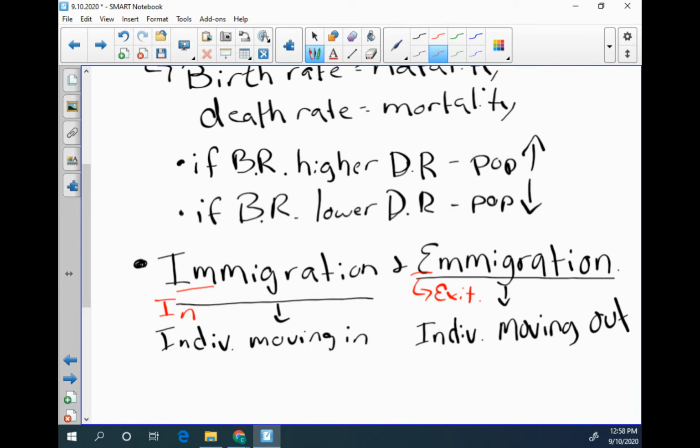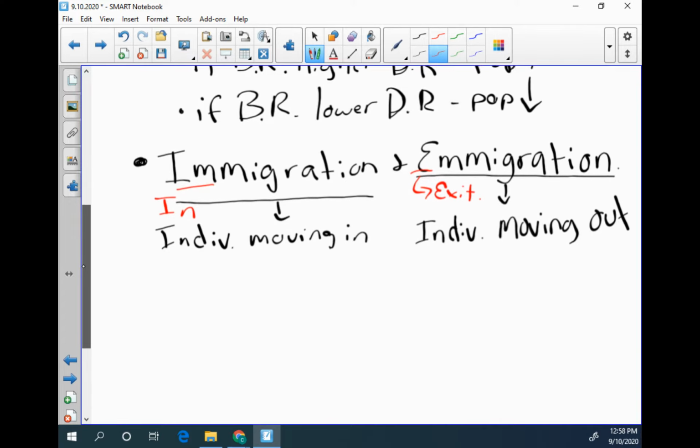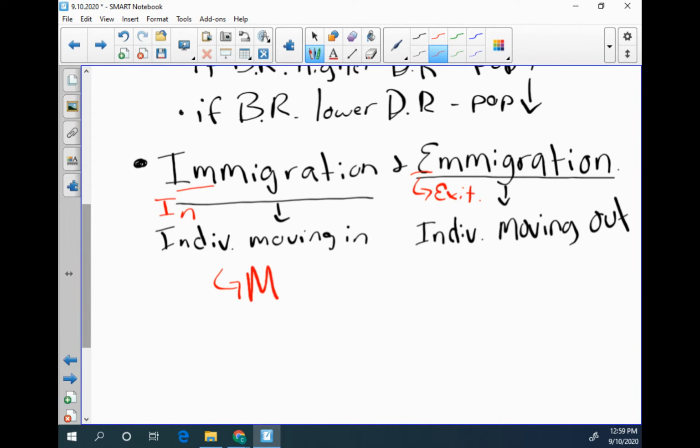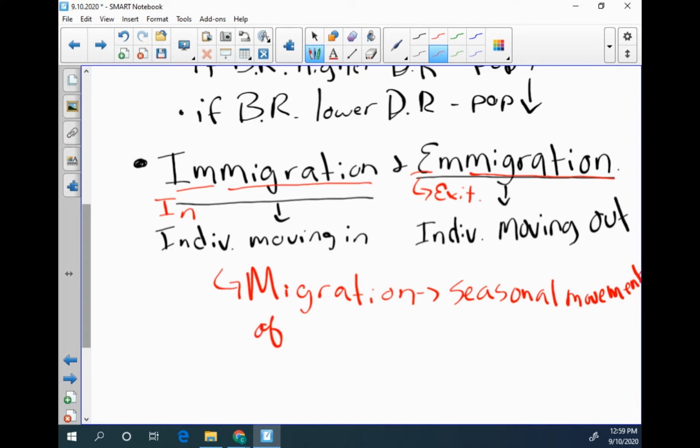We also have something called migration. If you see the word migration in here, essentially that is the seasonal movement of individuals in and out of an area.